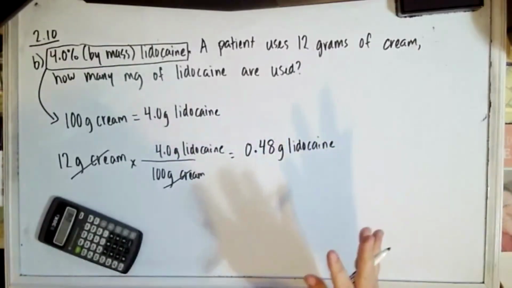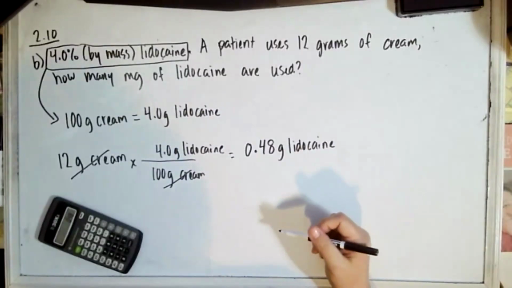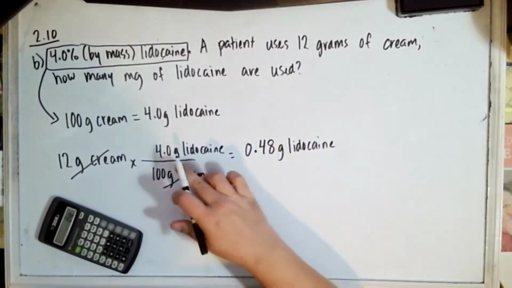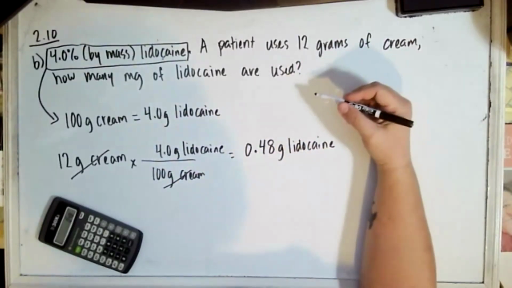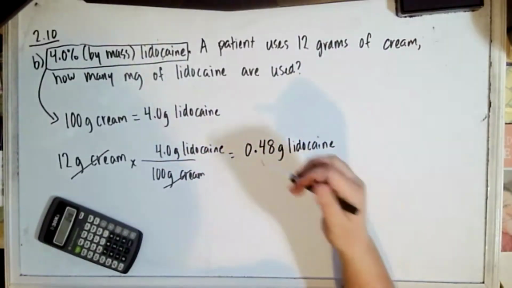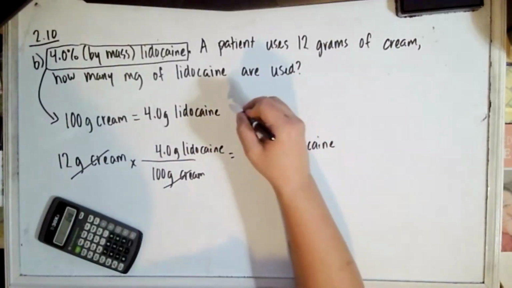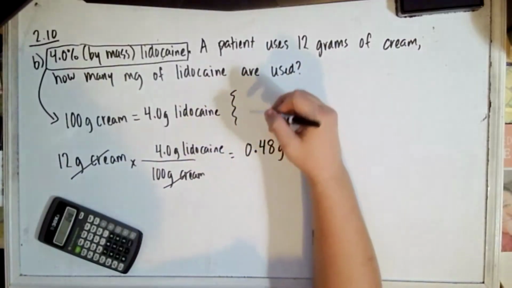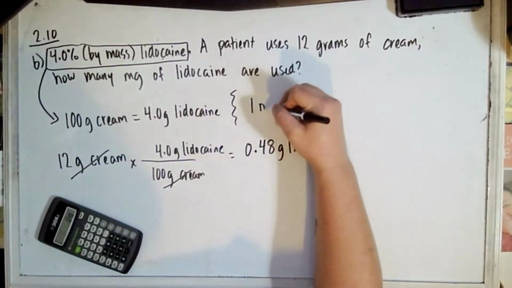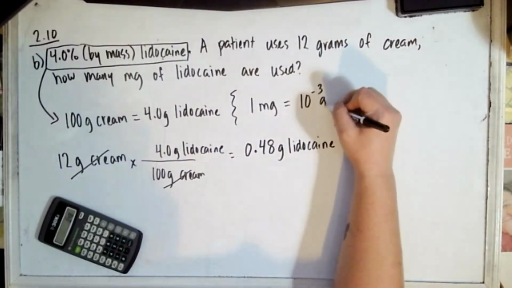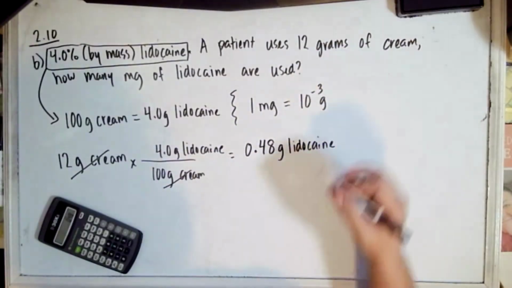Okay. Now this question asked us to figure out how many milligrams of lidocaine are used, and the answer we get here is in terms of grams. So we do want to make sure that we go one step further and convert our grams into milligrams. And so our second equality that we're going to want to look at will be between milligrams and grams.